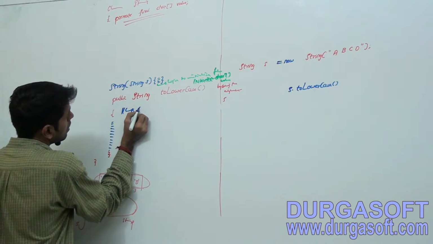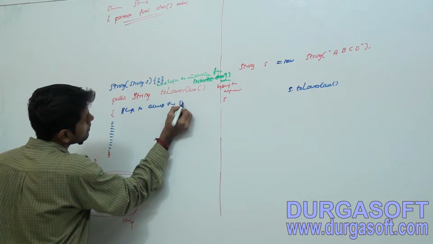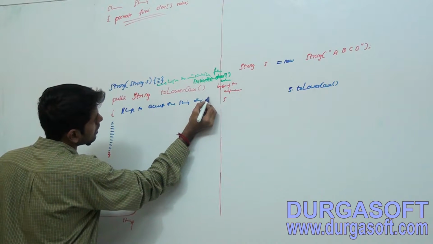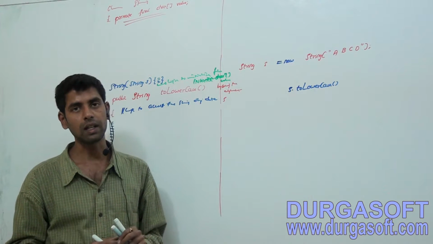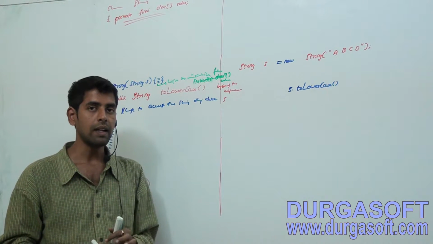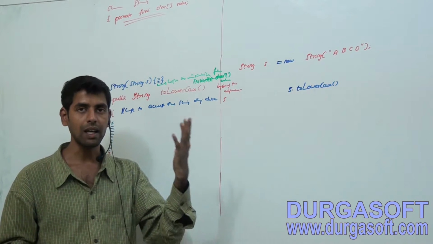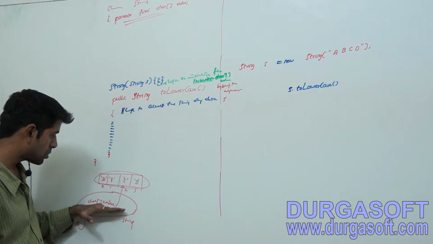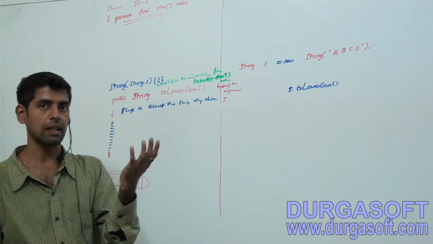Okay, simple thing, observe. Here it has the logic to access the string object data, and accessing means taking. It is taking this string object data character by character.